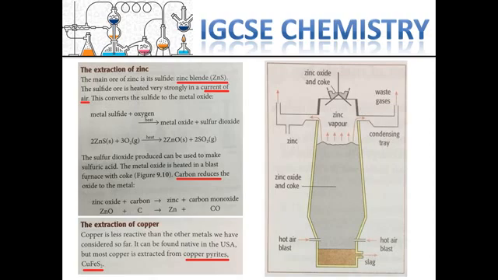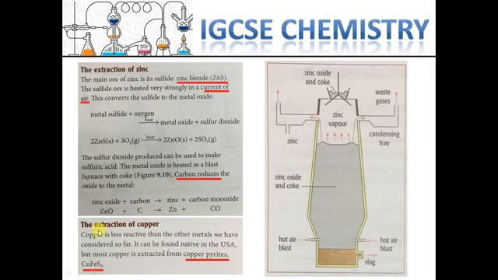Like iron, we use carbon monoxide. Here we can use carbon monoxide, or also carbon, a solid form of carbon. Zinc oxide needs to be reduced more because there is still oxygen mixed with the zinc. So we use carbon. Carbon is very reactive with oxygen to produce carbon monoxide, which is a gas, and then zinc will be alone, purified.